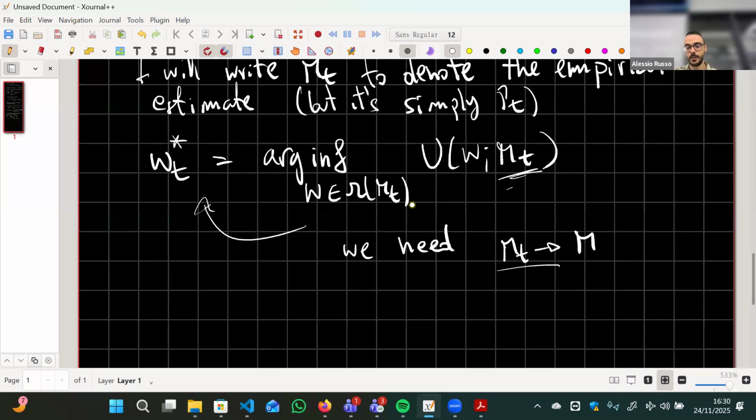So if the estimate converges to the true M, then because of continuity, you can show that this w_t star will converge to the true w star. And this is something we require to show that asymptotically we are exploring in the optimal way.